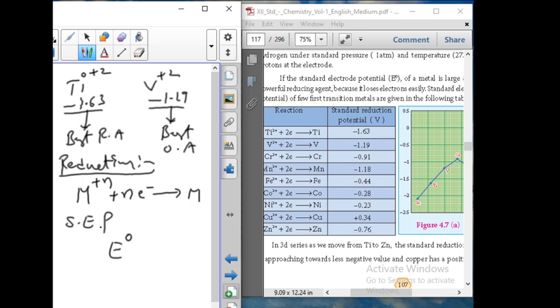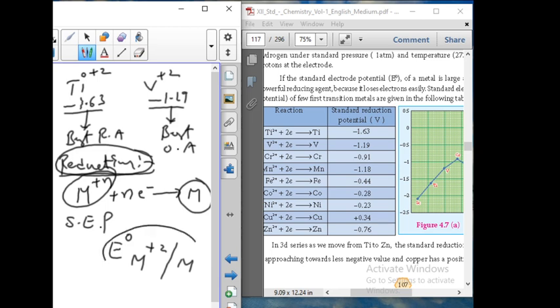What is the meaning of reduction? Metal ion is converted into metal. So this is the standard electrode potential representation.